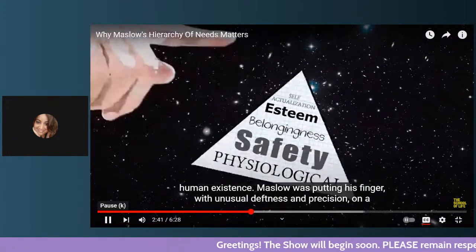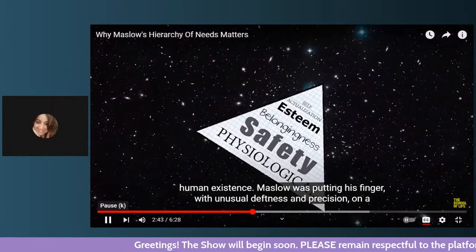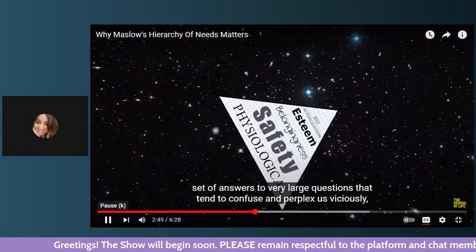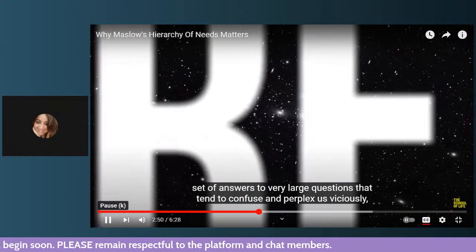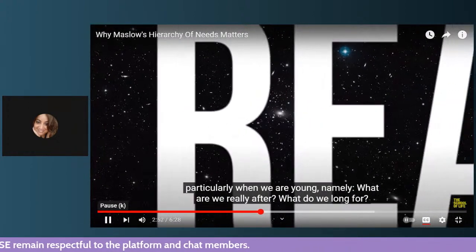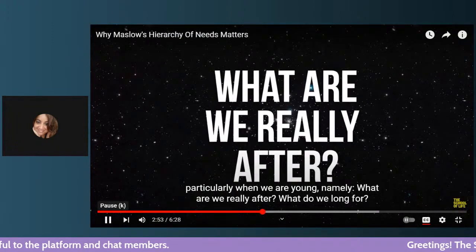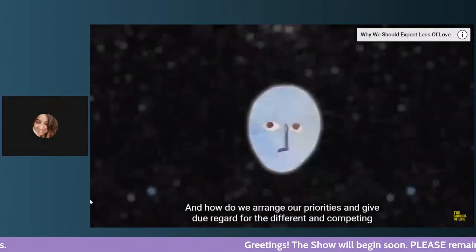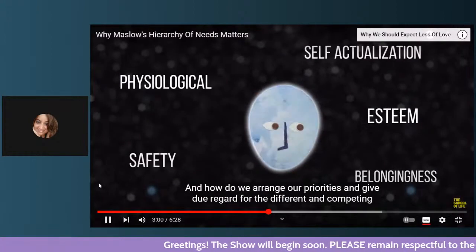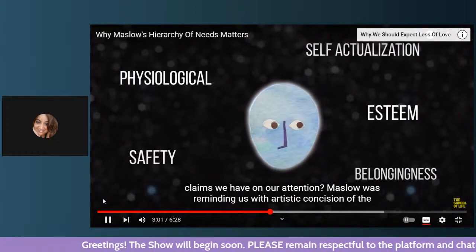Maslow was putting his finger with unusual deftness and precision on a set of answers to very large questions that tend to confuse and perplex us viciously, particularly when we're young. Namely, what are we really after? What do we long for? And how do we arrange our priorities and give due regard for the different and competing claims we have on our attention?